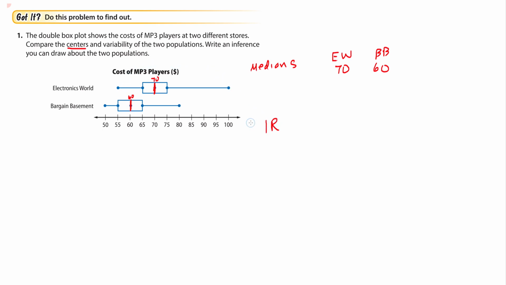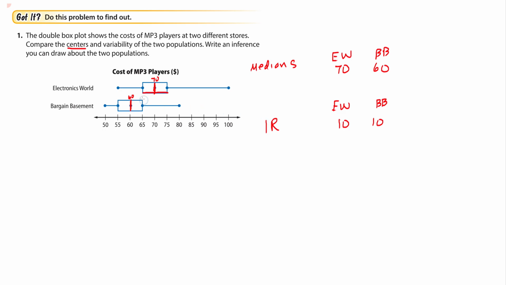So the interquartile range eliminates the possibility of some crazy number in the mix. So for Electronics World, the interquartile range is the length of the box. It's from Q1 65 to 75, that is 10. And then for Bargain Basement, the length of this box is 55 to 65, that's also 10.